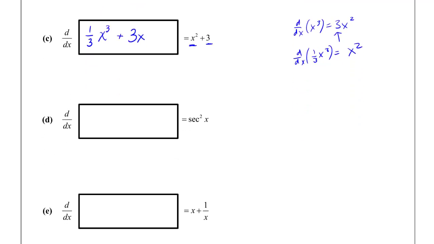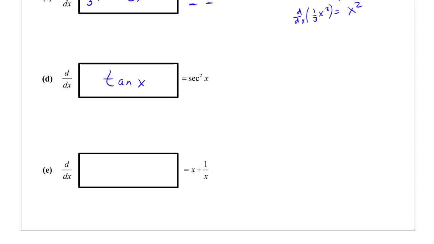All right. The derivative of something is secant squared x. Well, again, now I have to go back to my memory and say, I saw a trig function whose derivative was secant squared. That was tan x. All right. And then, finally, when would I get the derivative of some function to be x plus 1 over x?